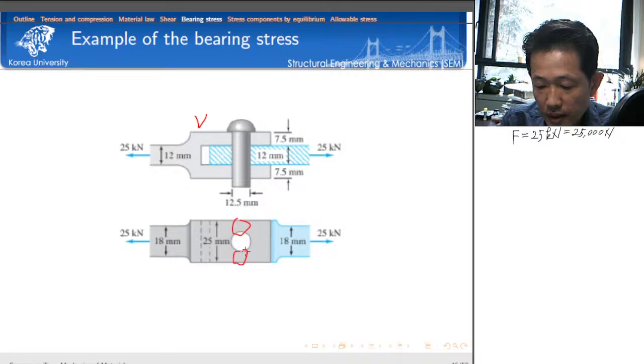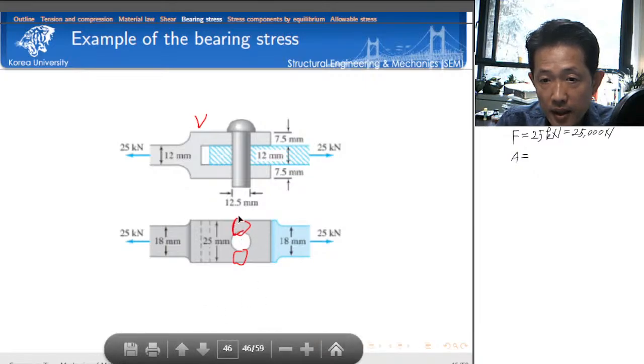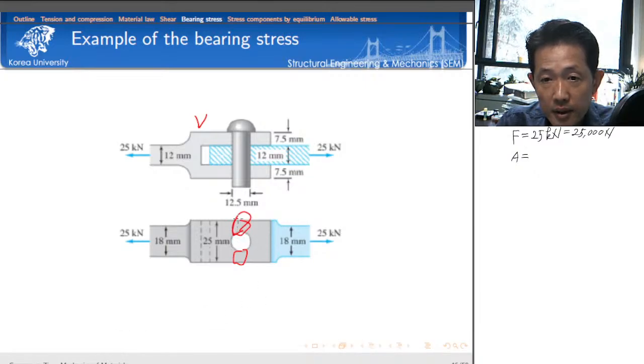And then let's try to calculate the area here, the net area here. So area for this gray part, I need to subtract the rivet diameter. 25 minus the rivet diameter is probably 12.5, and the times the thickness is 7.5 millimeters.